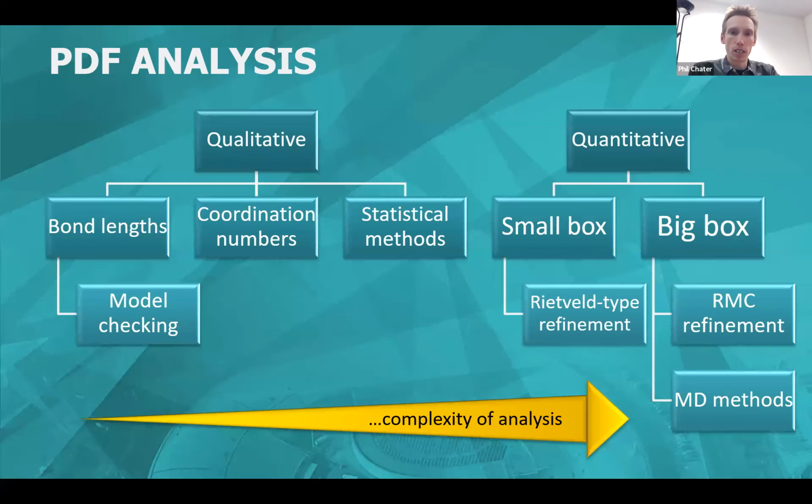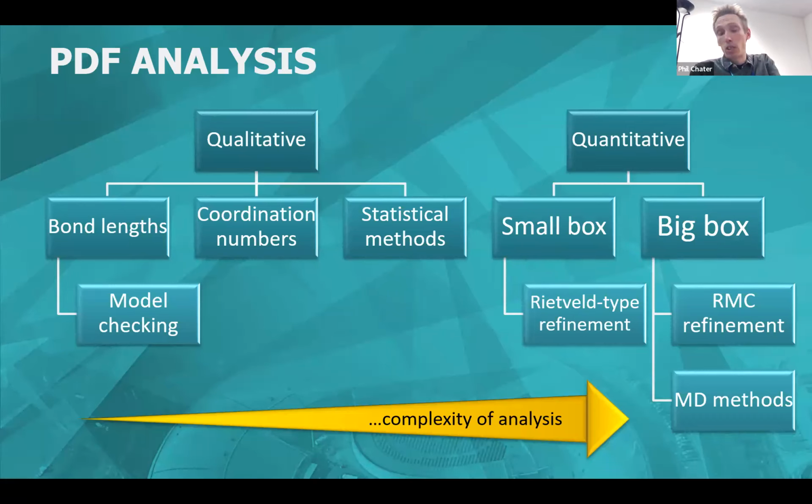So PDF analysis falls into a number of different categories, and the complexity of that analysis changes quite a lot depending on how much information you want out of your system. So in terms of the very easy things you can see by looking at the PDF data, you can get a lot of qualitative information and semi-quantitative information actually about things like the bond lengths in our systems.